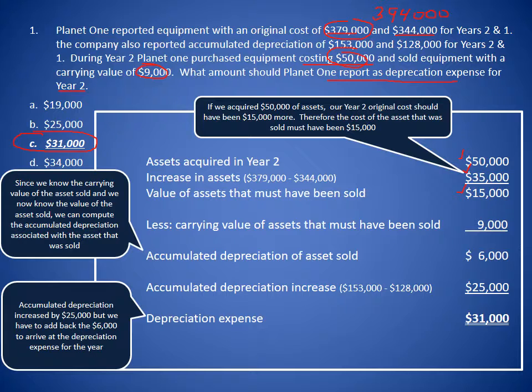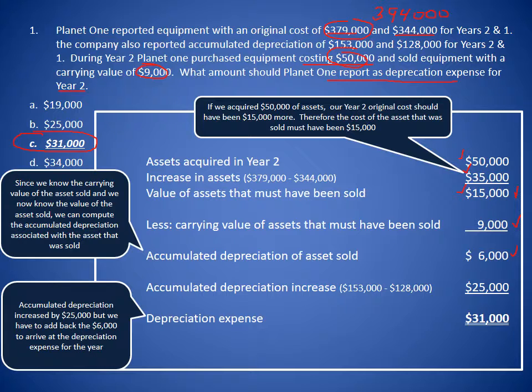Well, in this case, we have the original asset cost. We also have the carrying value, so the difference between these two, if we use algebra, must have been $6,000 worth of accumulated depreciation on the assets sold.